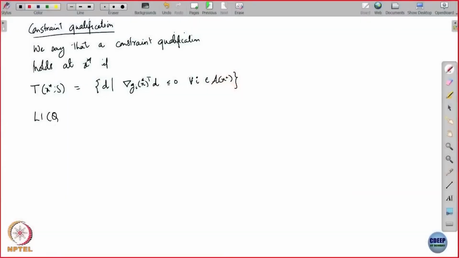There is a constraint qualification called the linear independence constraint qualification, which simply says that if I look at the normals of the inequality constraints formed by the active constraints, then this set is linearly independent.